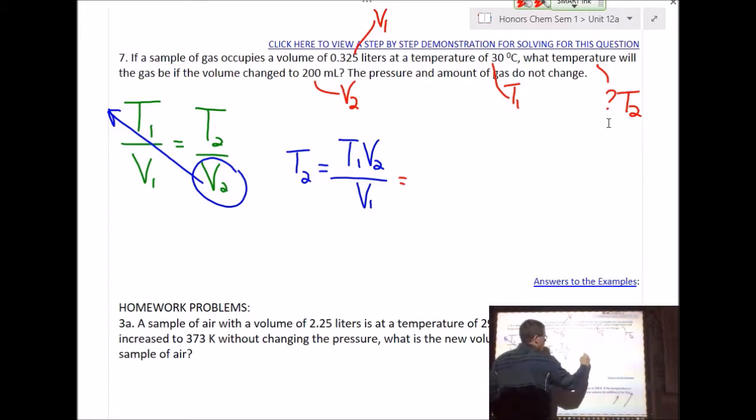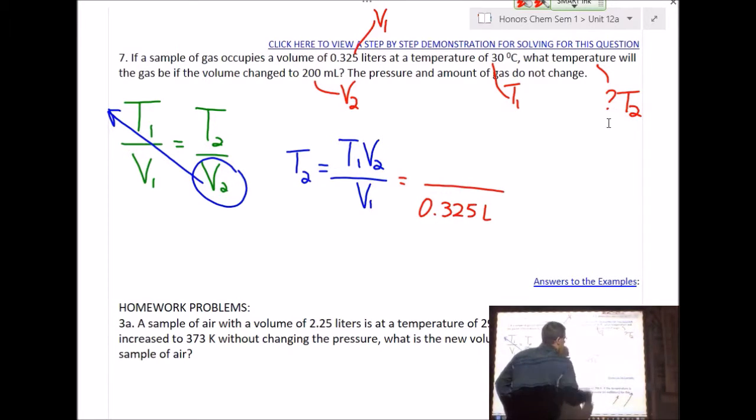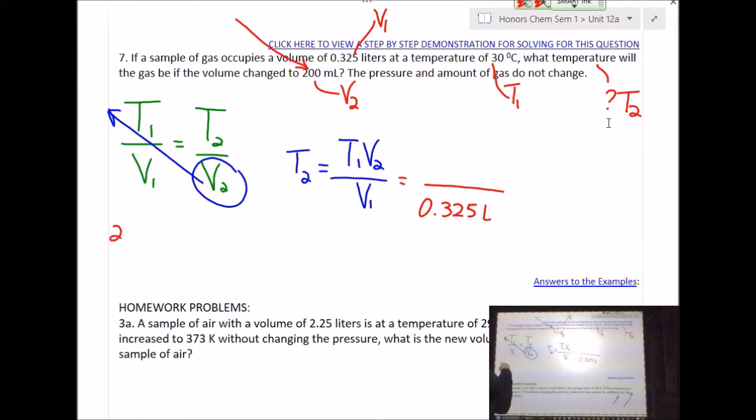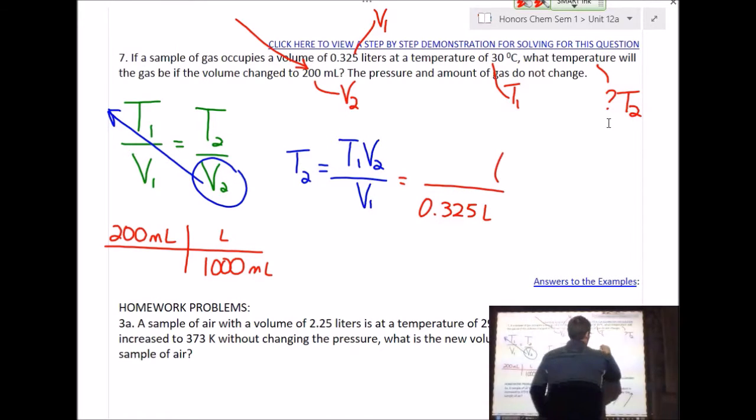So my V1 down here on the bottom is 0.325 liters. But how many liters do I have in 200 milliliters? 0.2, very good. Some of you are still having some issues with this. There's 1,000 milliliters in a liter, so don't forget that. So that's a 0.2 liter scenario.